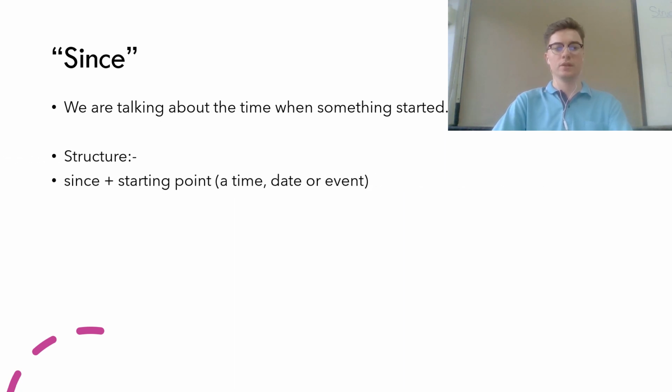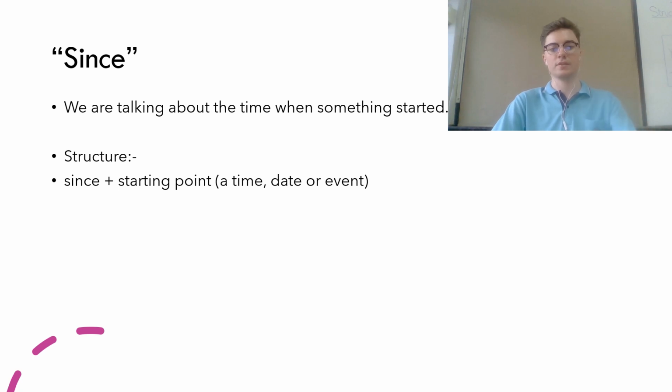Okay? Now the way to structure this is we have since, and then a time, a date, a day, a year, or an event. For example, I have lived in Thailand since 2018.